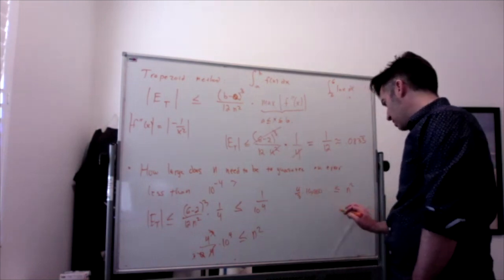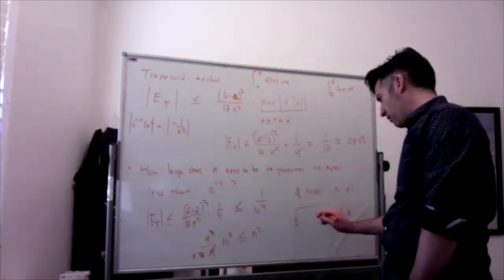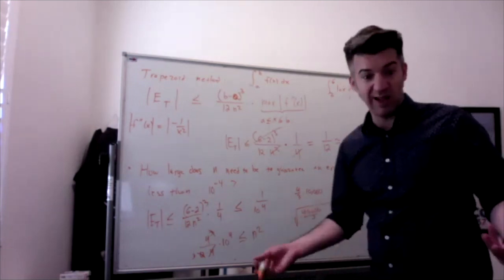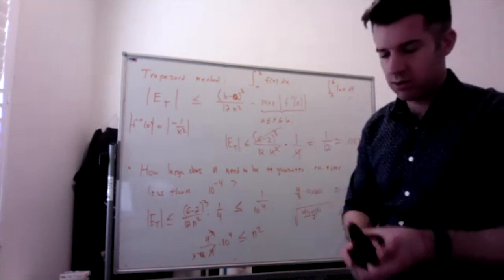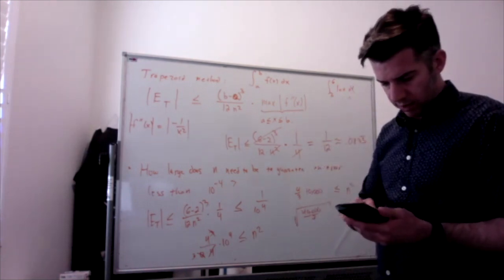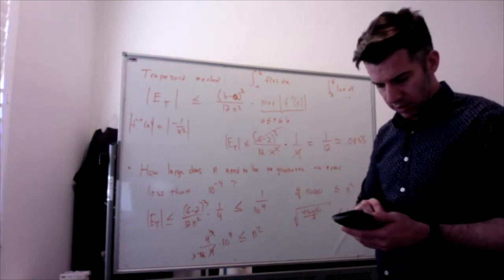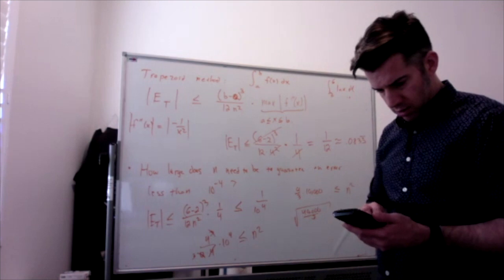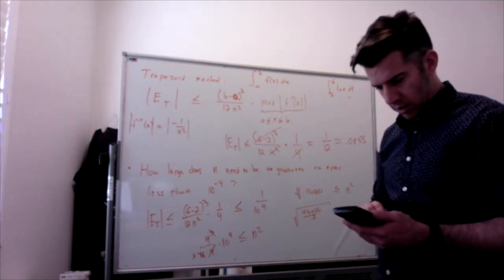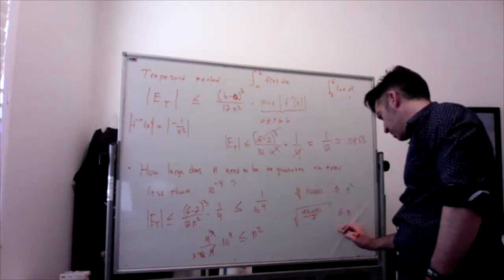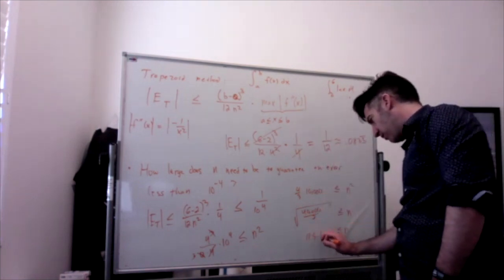So that n is bigger than or equal to the square root of 40,000 over 3. Then we get out a calculator. We look at 40,000 divided by 3, and we take the square root of that. And we get 115.47. So n is bigger than or equal to 115.47.